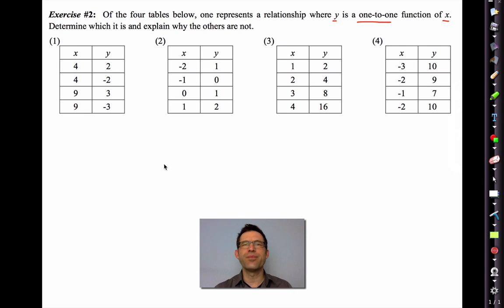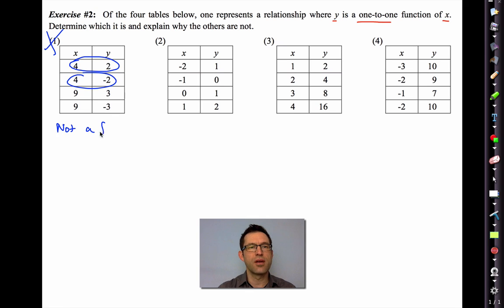Well, remember, the deal with a one-to-one function is different x's get different y's. Well, here, when we look at these, I look at the four y's and they're all different. So it seems like it could be a one-to-one function. But this thing isn't even a function, right? Not even a function, so it can't be one-to-one.